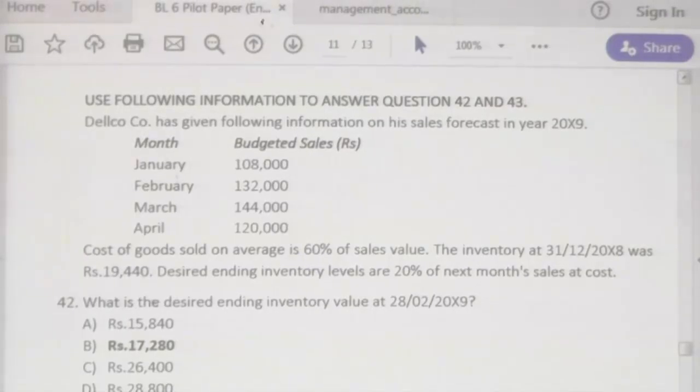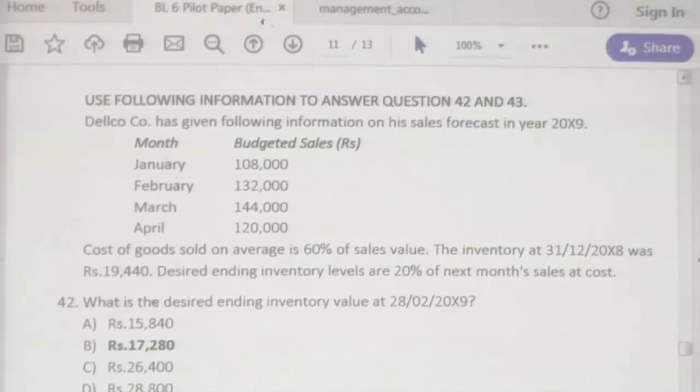Then questions 42 and 43 relate to this information given. Let's see. Delco company has given the following information on its sales forecast: January, February, March and April budgeted sales. Cost of goods sold, that is cost of sales, is 60% of the sales value.